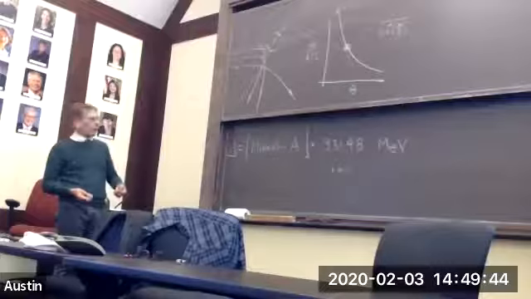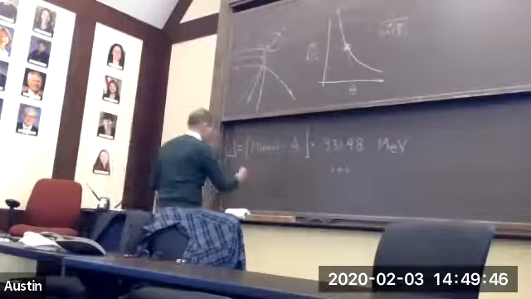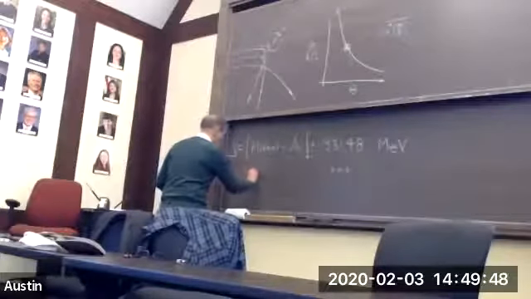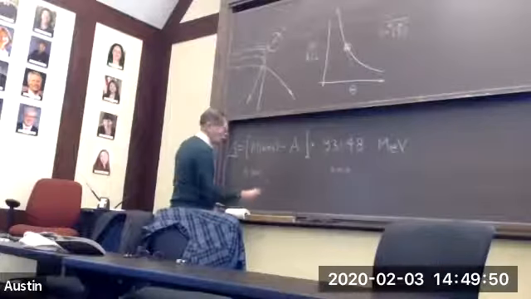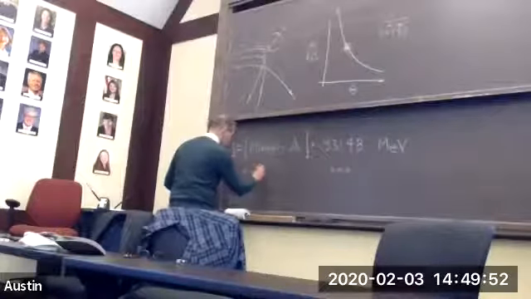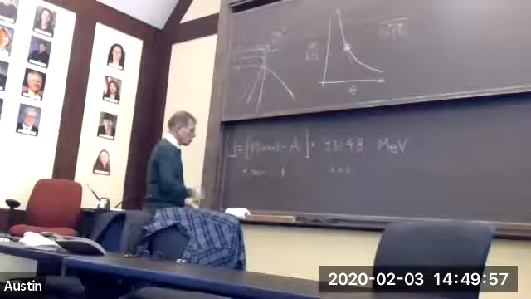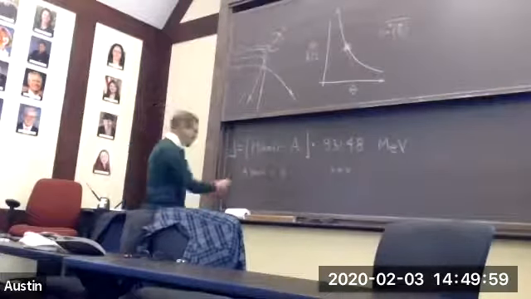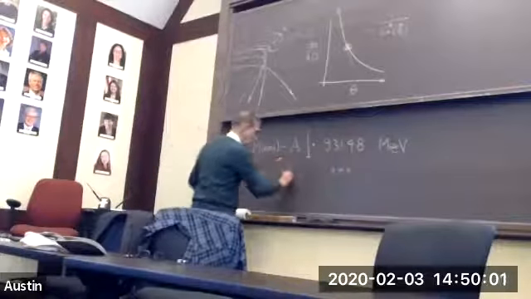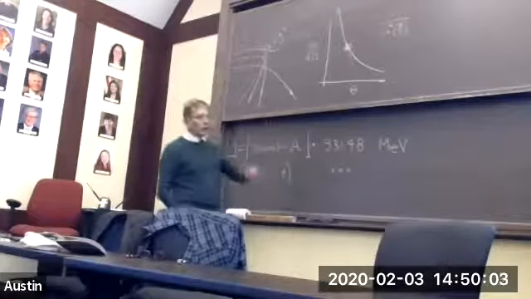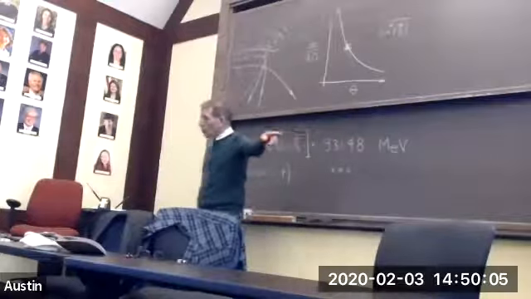Now, if you recall, this thing was 4.0026, I think, minus 4, so that's 2.6 times 10 to the minus 3. And that's what gives rise to this number, 2.42 MeV.